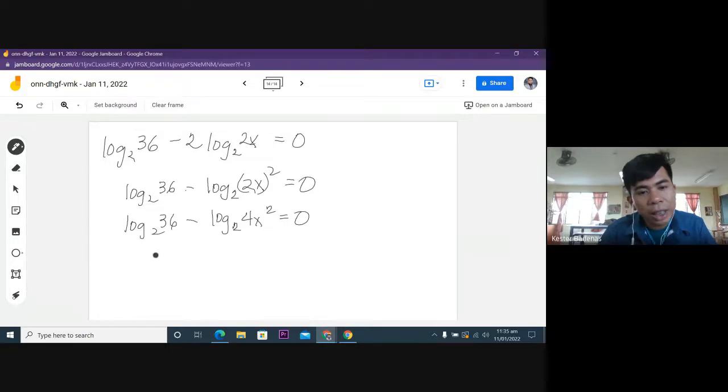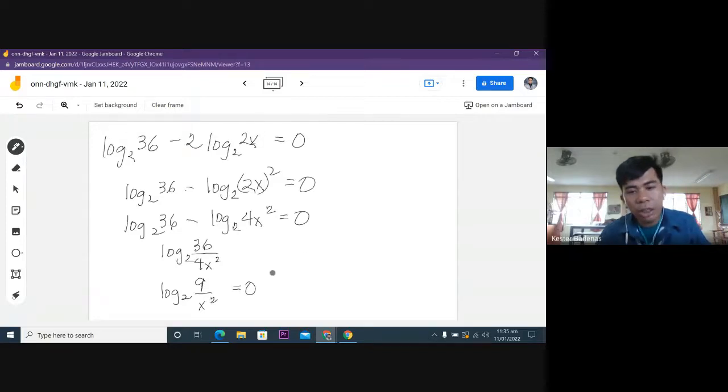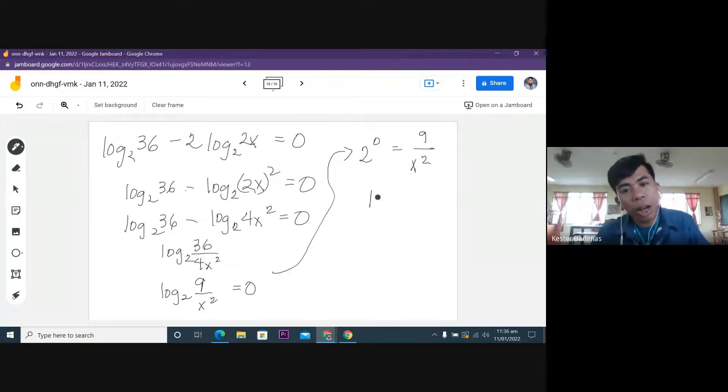Tapos magiging logarithm of 36 over 4x squared with the base 2. Awkward. Sige, rewrite natin. Logarithm of 9 over x squared kasi divide natin yung 4 with the base 2 equals 0. Rewrite natin into exponential form. 2 raised to 0 is equal to 9 over x squared. At 2 raised to 0 ay 1 is equal to 9 over x squared. Multiply both sides by x squared para makancel.